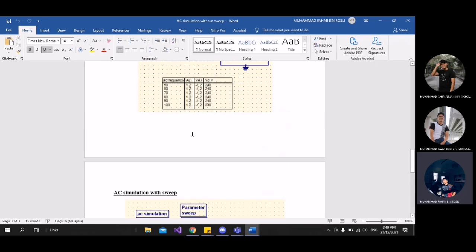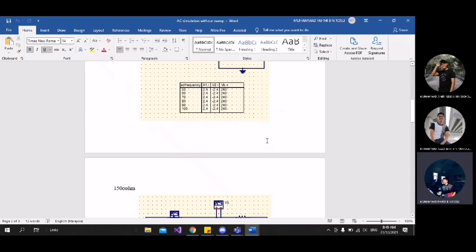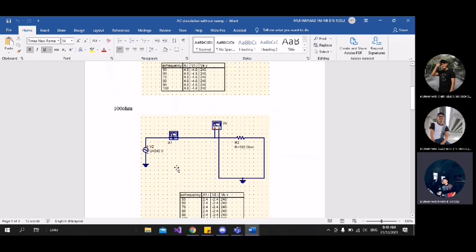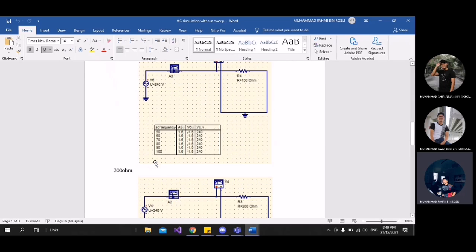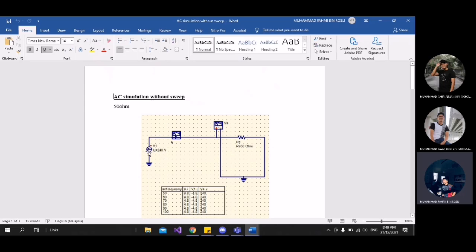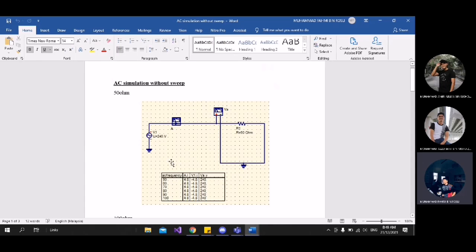Now we move on to the result for AC simulation without sweep. We have 50 ohm, 100 ohm, 150 ohm and 200 ohm. For the result for 50 ohm, because it is an AC simulation, we have positive and negative.